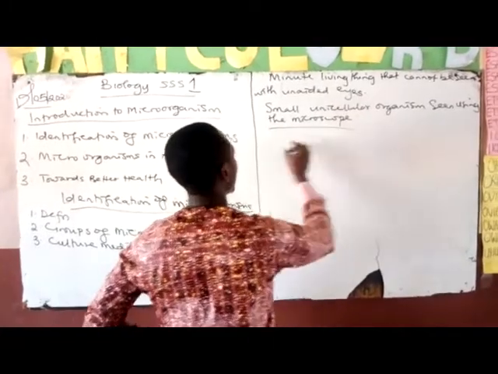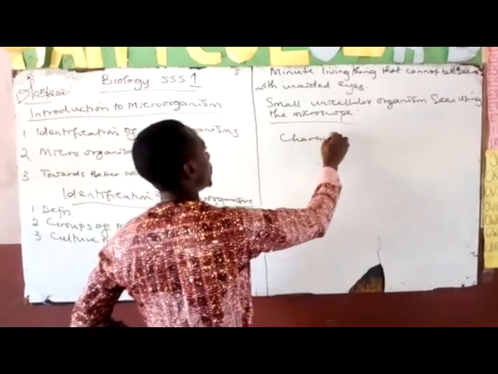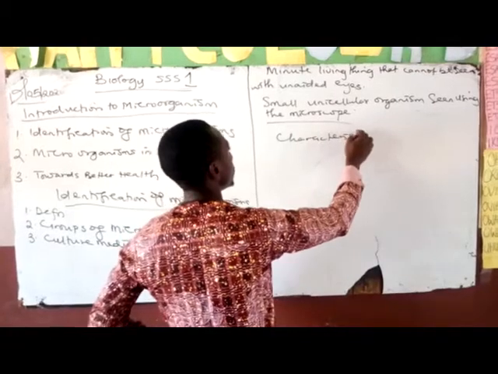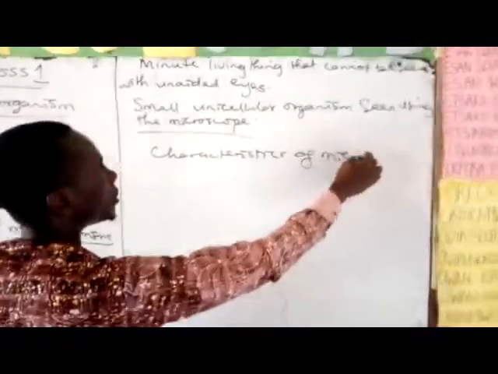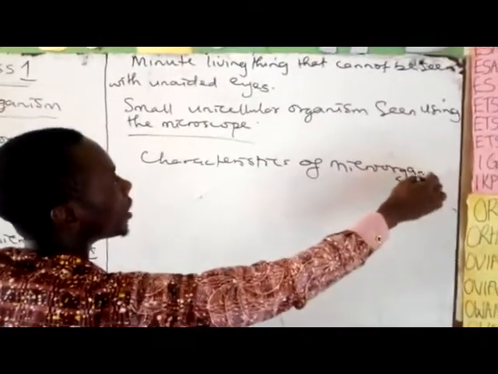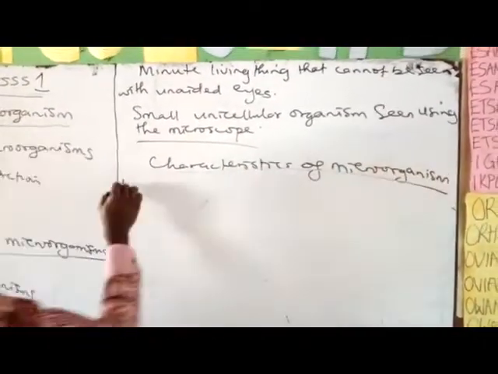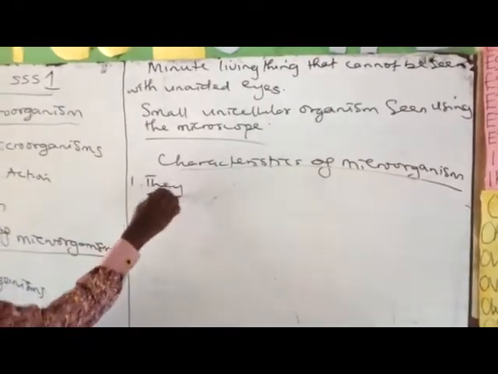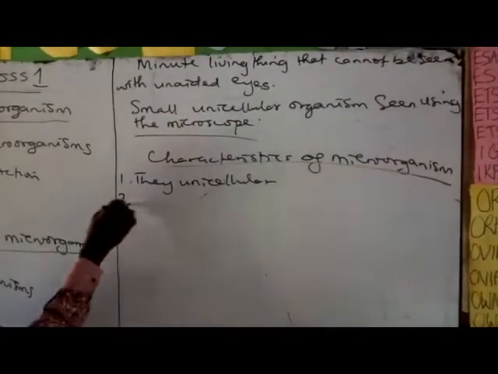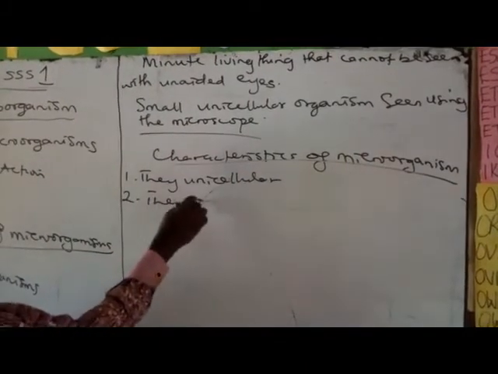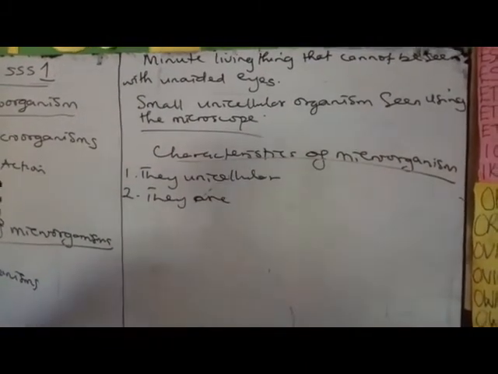What are the characteristics of microorganisms? Of course, you should know that number 1, they are unicellular. Number 2, they are microscopic, which means they can only be seen with a microscope.